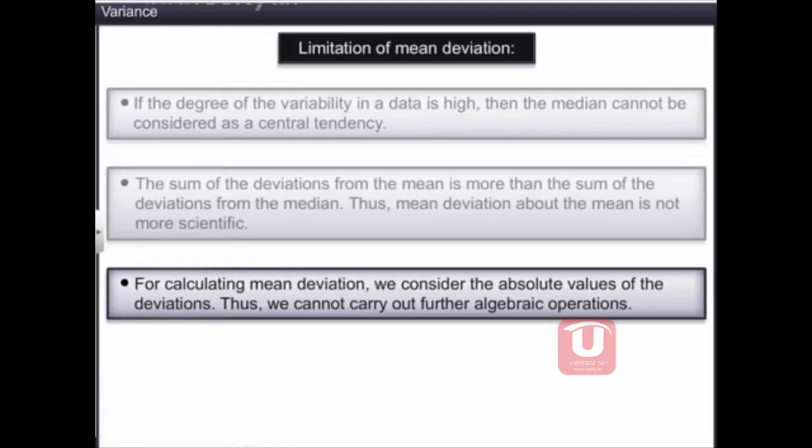Thus, we cannot carry out further algebraic operations. Therefore, mean deviation about the mean or median is not sufficient to measure the dispersion. So we need to extend the measure of dispersion to an appropriate measure of dispersion. Variance is such a measure of dispersion.